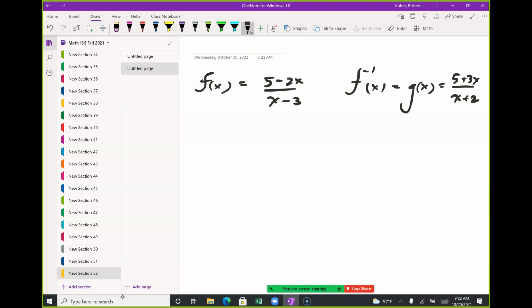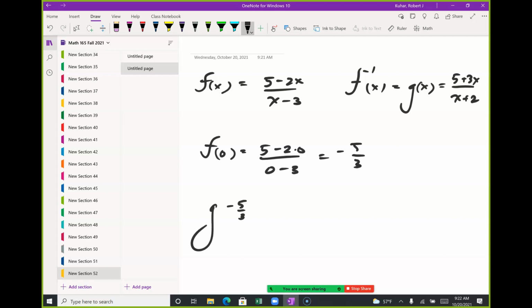So who's got a value in the domain for me? Zero. Sure. So f of 0 is (5 minus 2 times 0) over (0 minus 3). That's negative 5/3. And now let's find g of negative 5/3.